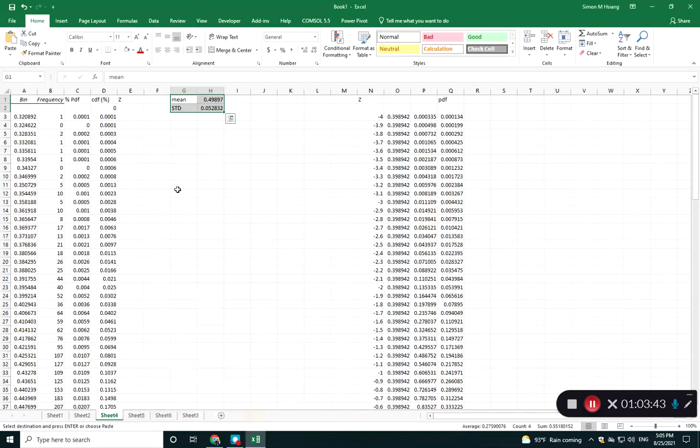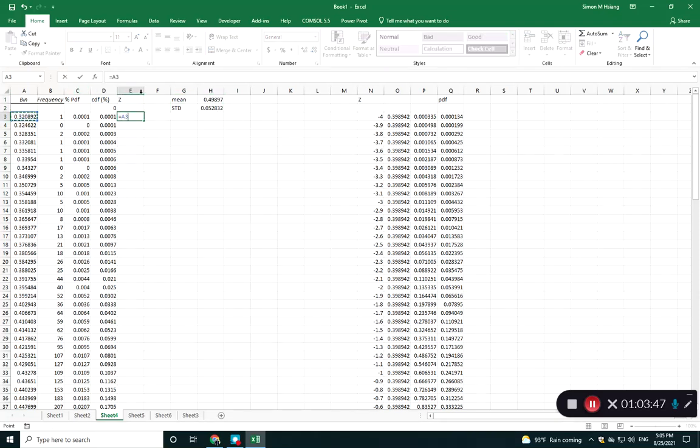So every score, how to calculate a z-score? Minus the mean divided by the standard deviation, right? If you don't remember what the z-score really is in a normal distribution, just think about it. It's always minus the mean divided by the scale, the standard deviation.